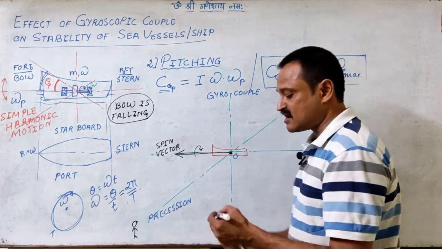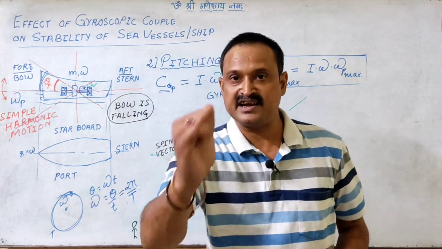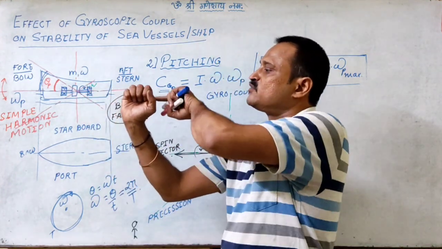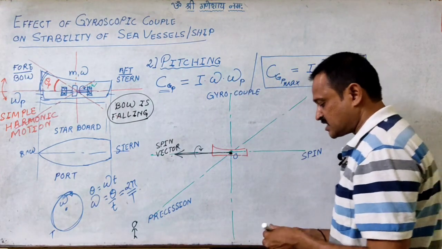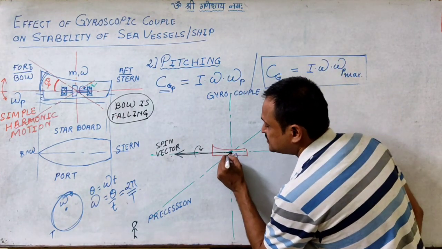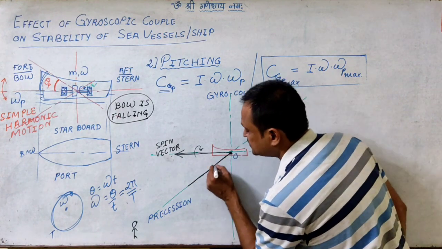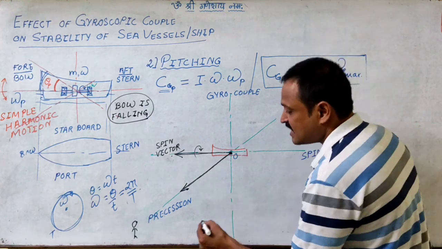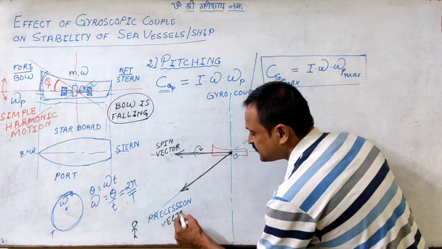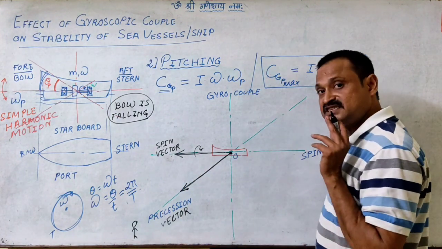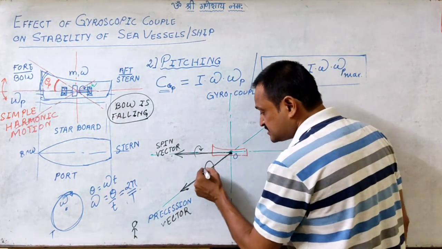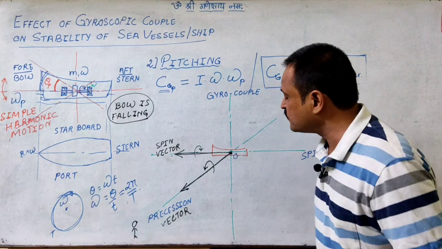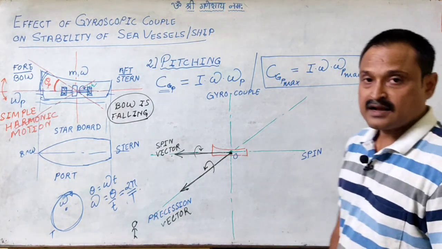If it is turning counterclockwise, then according to the right hand thumb rule or screw rule, the thumb will be pointing towards me and the fingers will be curled counterclockwise. So I get the precession vector pointed towards the observer. I get this as the precession vector, which is counterclockwise.